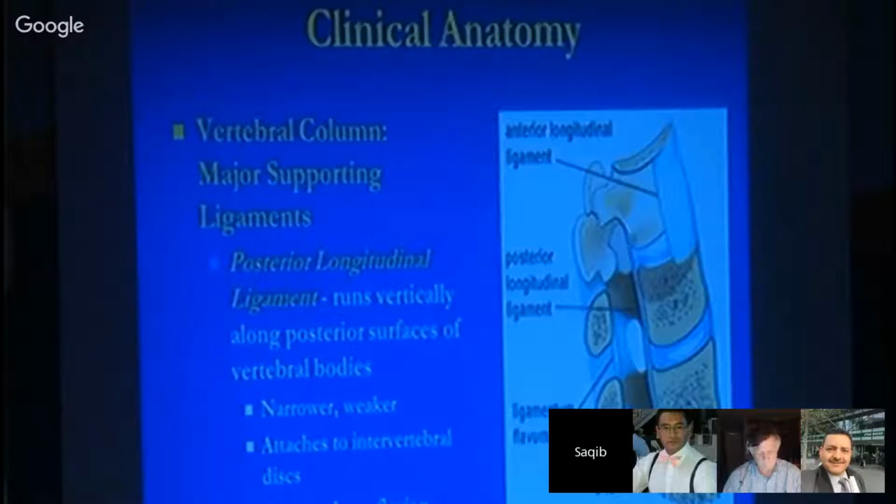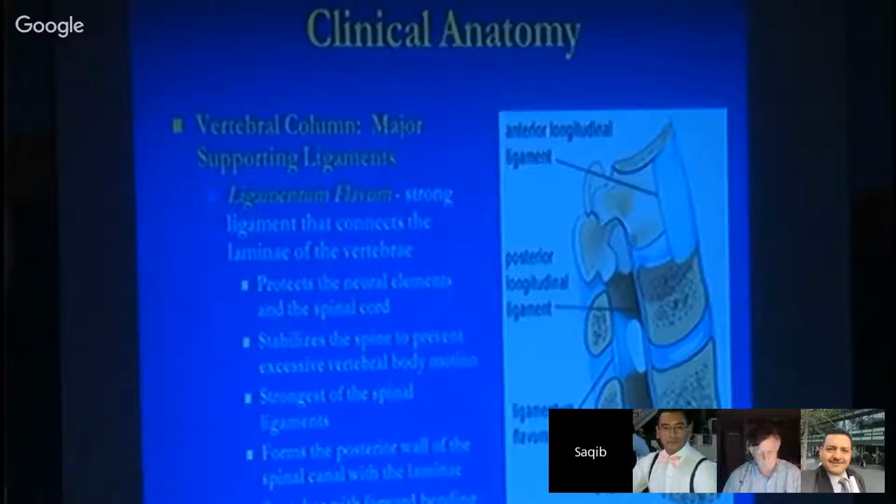Ligamentum flavum is one of the strongest ligaments. It's basically lining the canal posteriorly, lamina to lamina, and it is a major contributor to stability as well. It protects neural elements, stabilizes, and forms the posterior wall of the spinal canal.